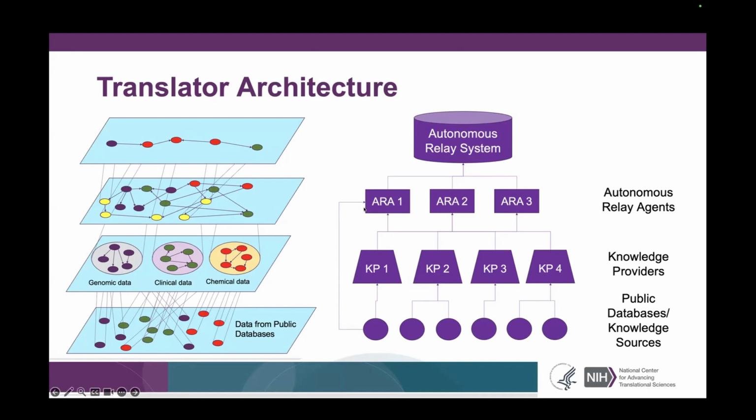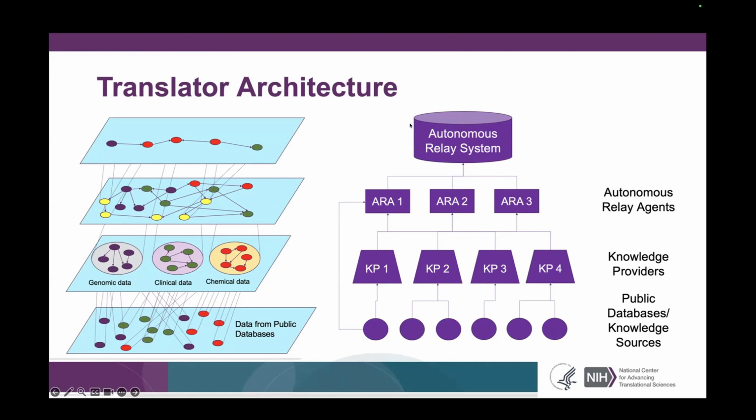Then reasoning agents can query across all of these different knowledge providers, and based on what they get back, they can respond to different queries and come up with relationships between two different entities. I'll get into what that looks like in a minute. These do the brunt of the AI work, quote unquote, reasoning over these graphs that are kept federated at the knowledge provider level.